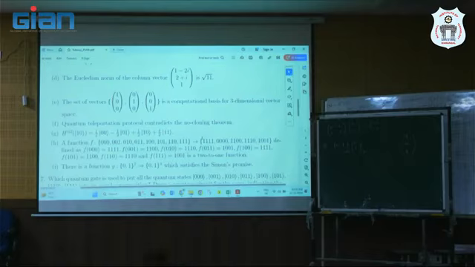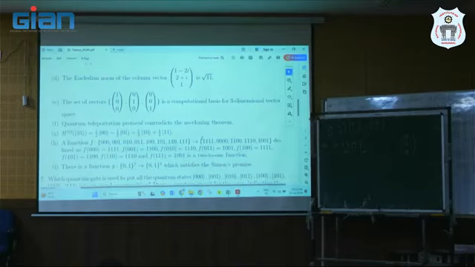Is that okay? So any column vector of dimension 3, meaning 3 rows and 1 column, we can represent using a linear combination of these.